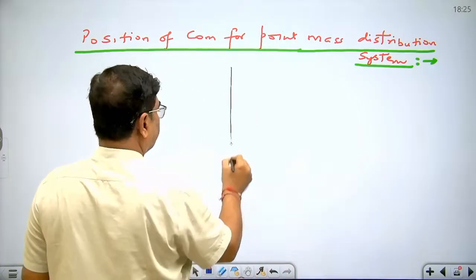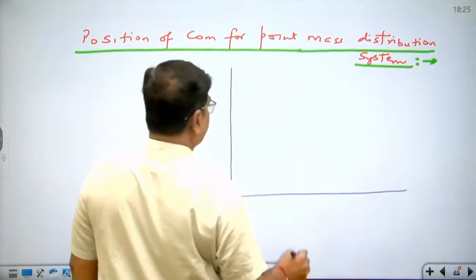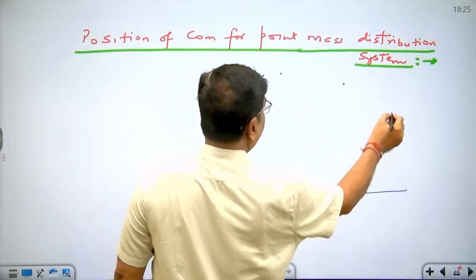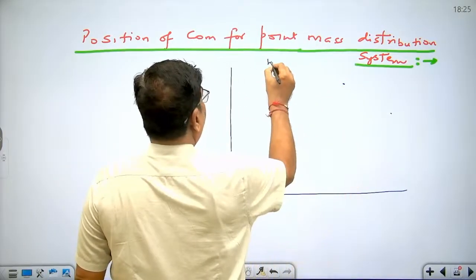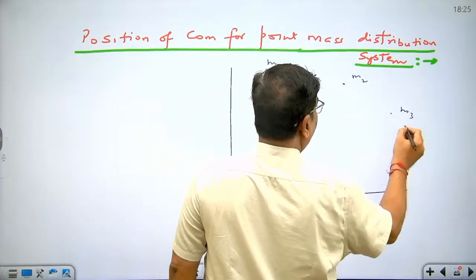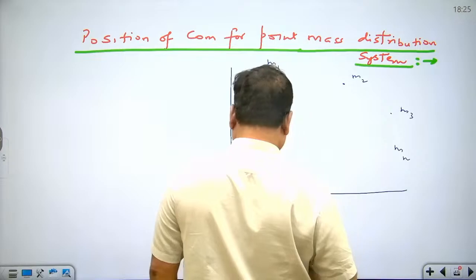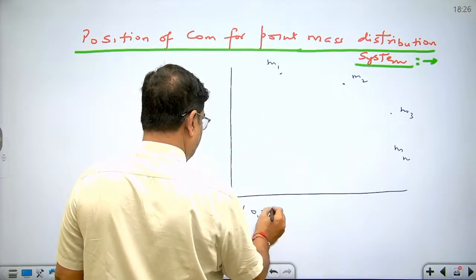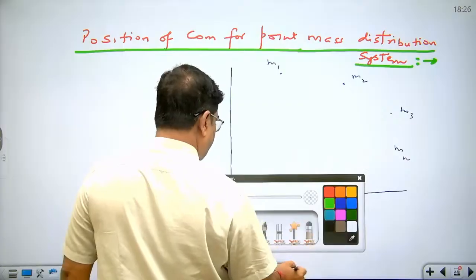Let us see. If n point masses are there, m1, m2, m3 and mn, and this is the origin, the reference point. This O is a reference point.